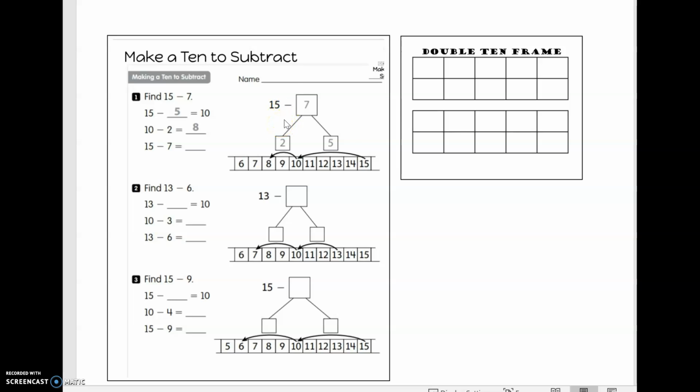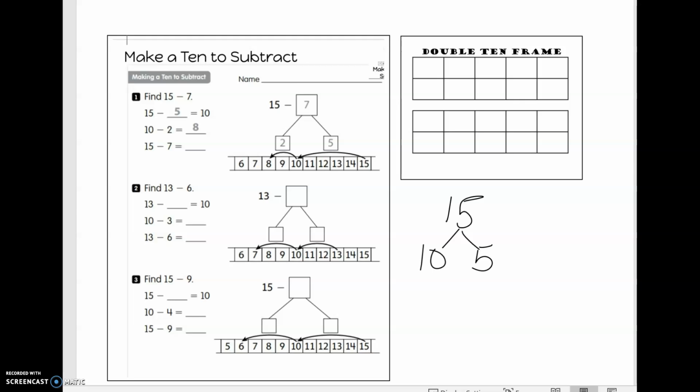Okay, so if I take away the 5 from 15, it should give me 10. So in 15, there is 10 and 5.